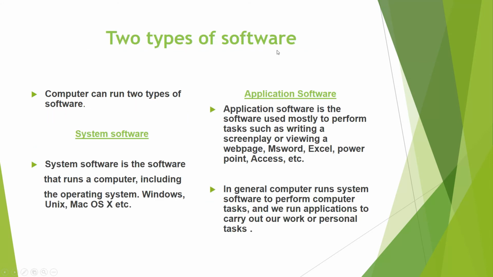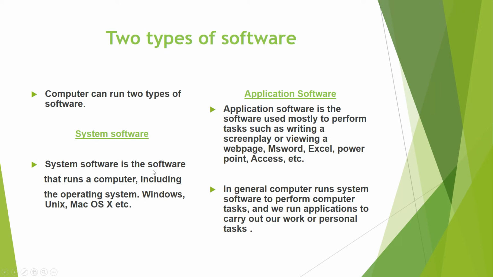So there are two types of software. A computer can run two types of software. One is the system software, while the other is the application software. Here I will explain the difference between system software and application software.